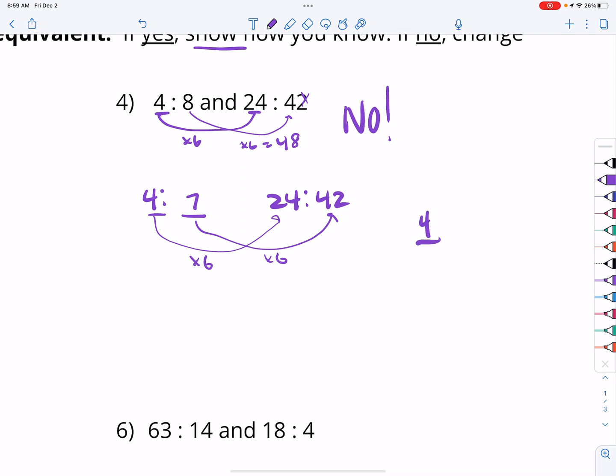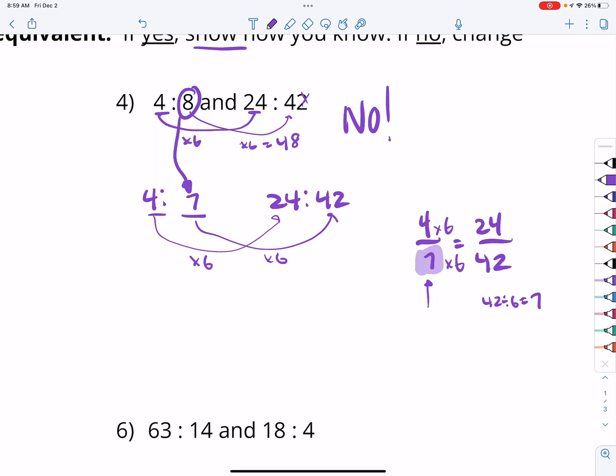We need 4 somethings to equal 24 42nds. So it's like you have a missing term in your fraction, or your missing denominator. And I know from equivalent fractions that whatever I do to the top, I would also have to do to the bottom. So the only number that could fit there would be 42 divided by 6, and that is 7. So there we go. We could change this 8 into a 7, and our ratio would be true.